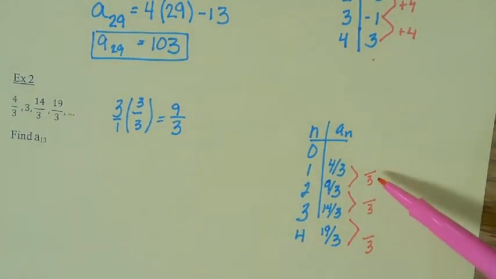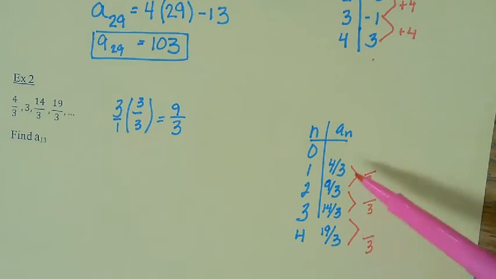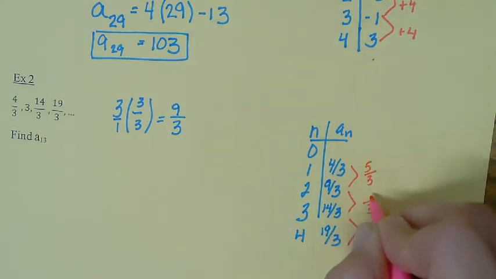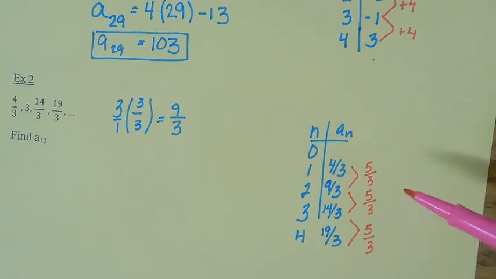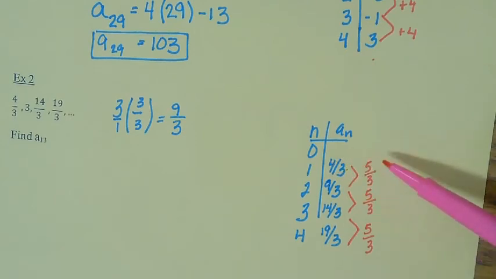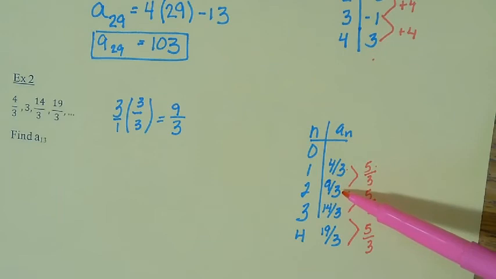So what is happening to the numerator there? 4, 9, 14. Are we adding 5? You can check that on your calculator. You can use your fraction button and do 4/3 plus 5/3. Make sure you get 9/3 if you need to.